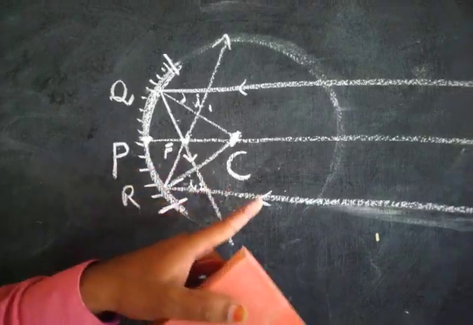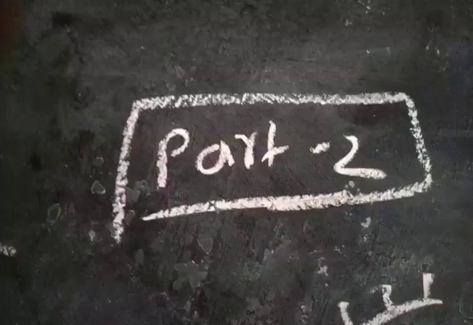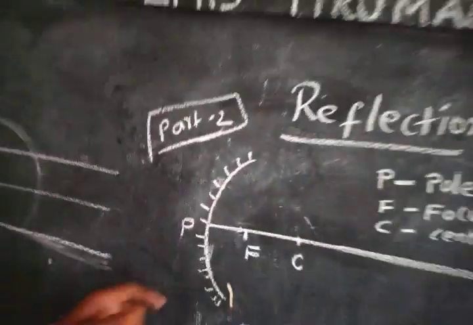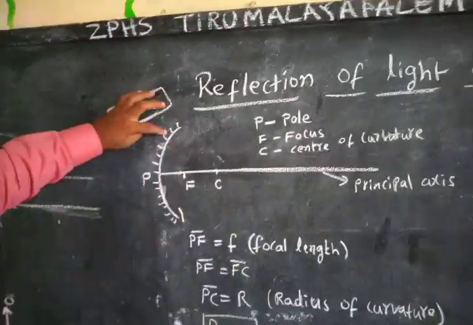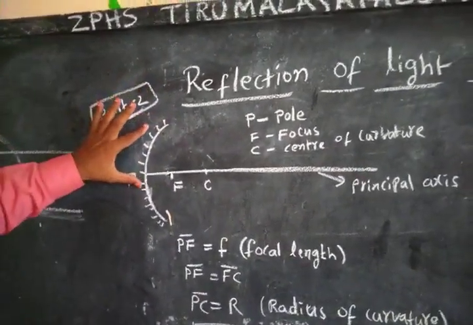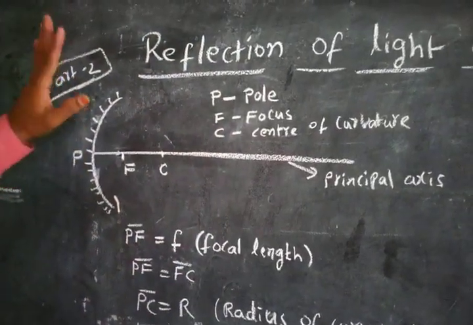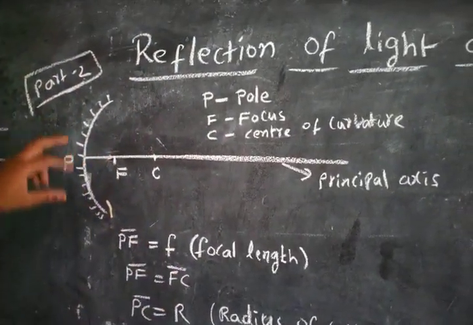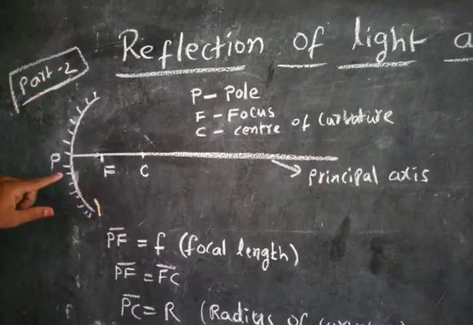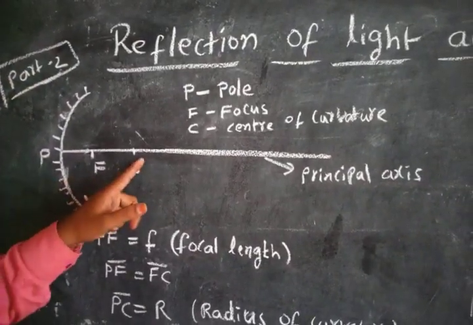Okay, now let us go to the next one. We came to know that the geometrical center of the shape obtained by extending the spherical mirror is called the center of curvature.